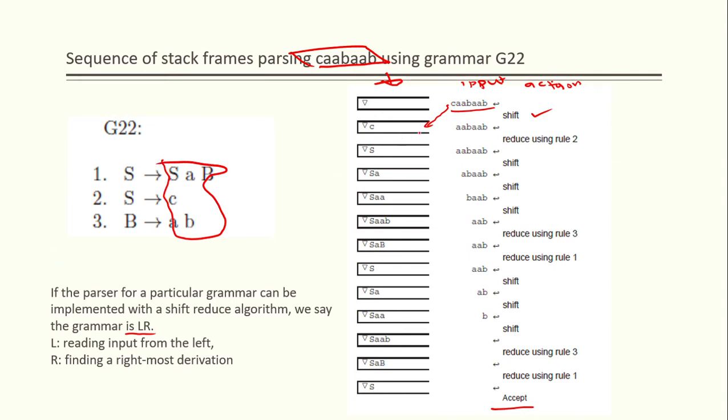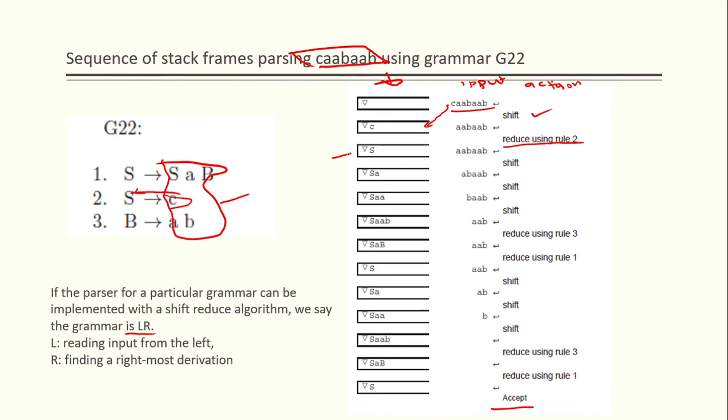In this case, inside your stack you have C. Is there any right-hand side of the grammar containing C? Yes, which is rule number 2. So if yes, you need to replace this C with S. That's what it means by reduce. When you find C, you reduce it to S, following rule number 2. So here you write reduce using rule 2. When you reduce, you are replacing the C with S.